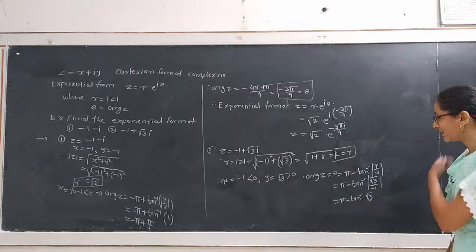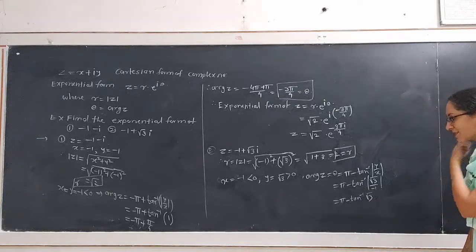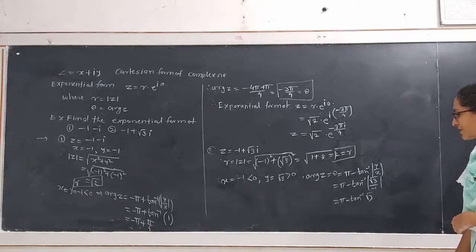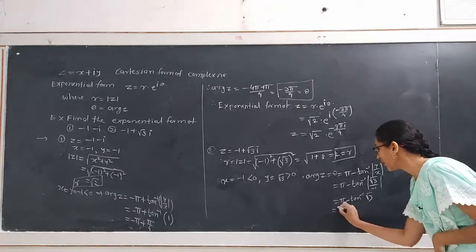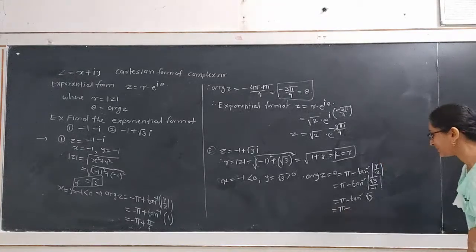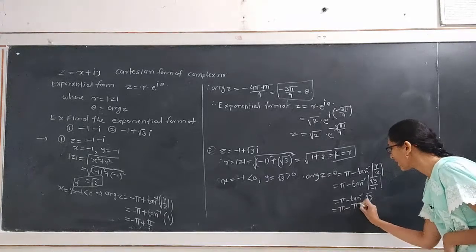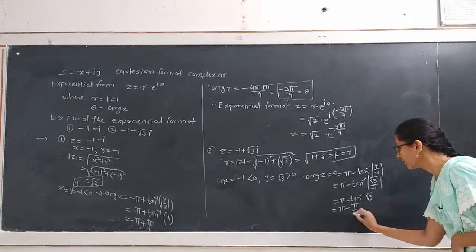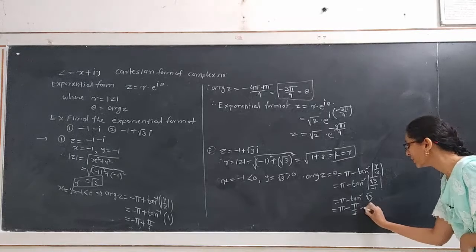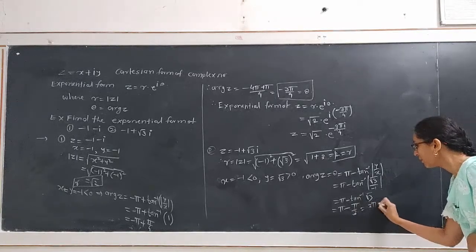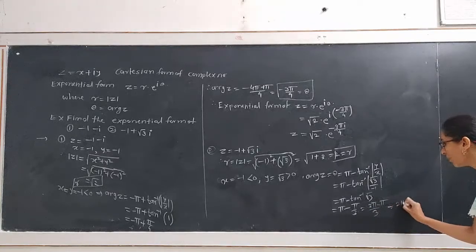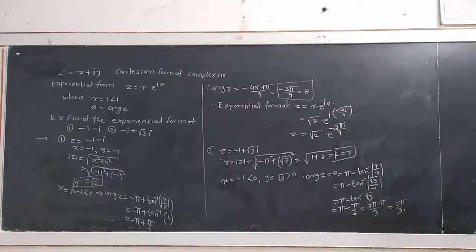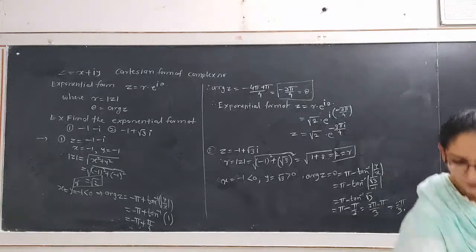After taking the modulus, it becomes root 3. It is 60 degrees, that means pi by 3, which is equal to pi minus pi upon 3. That is theta is equal to 3 pi minus pi upon 3, that is 2 pi upon 3. Hence theta is 2 pi by 3.